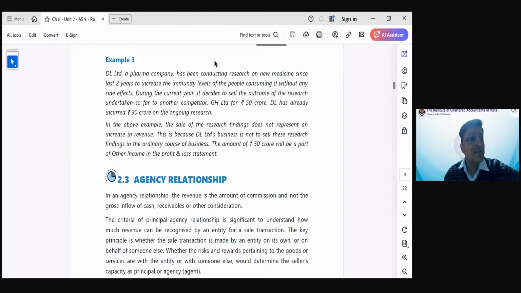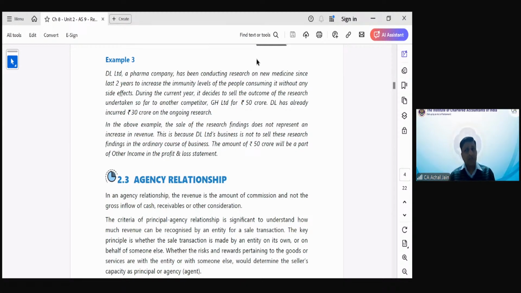In fact, that is not something which a pharma company will do. Yes or no? So that's why in this particular example, because the sale has taken place, income will be recognized, gain will be recognized, but that will not be as per AS9. That will not be the revenue.